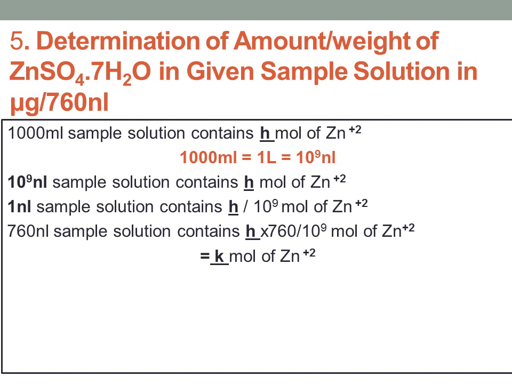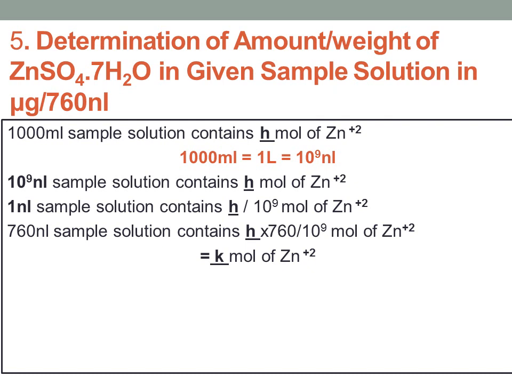1000 ml sample solution contains H mole of zinc plus 2. So after that you will apply a relation of 1000 ml, liter and nanoliter. 1000 ml is equal to 1 liter or exponent 9 nanoliter.